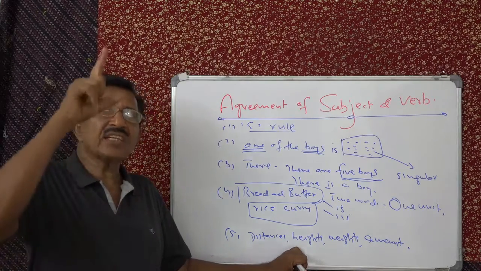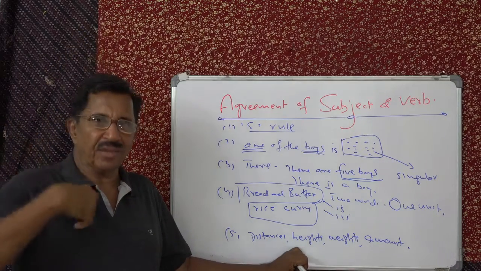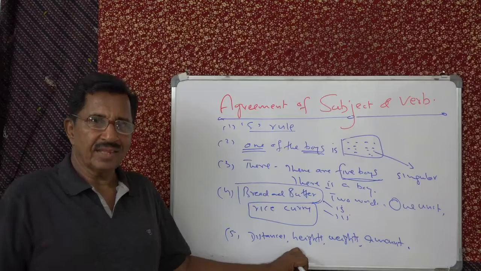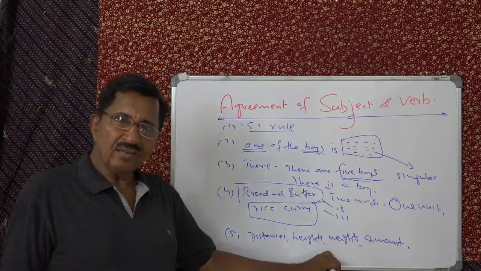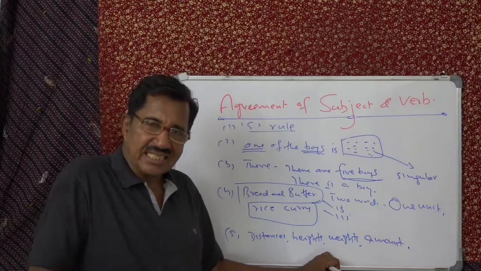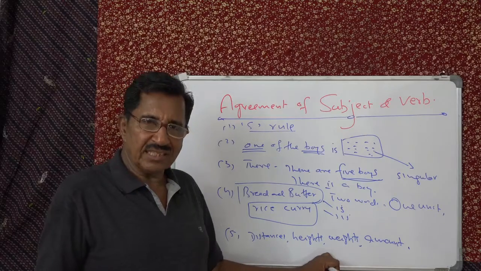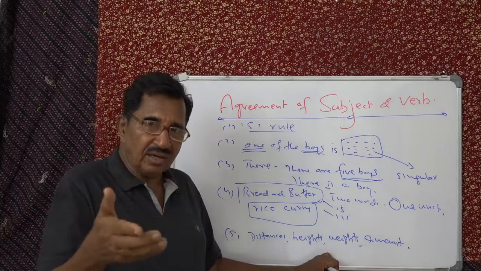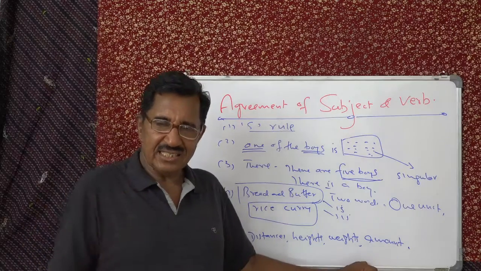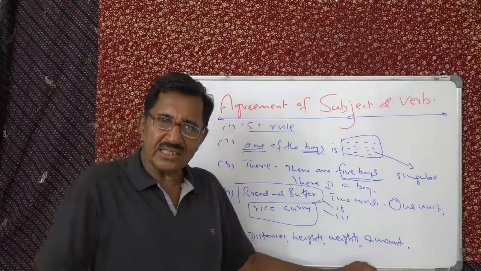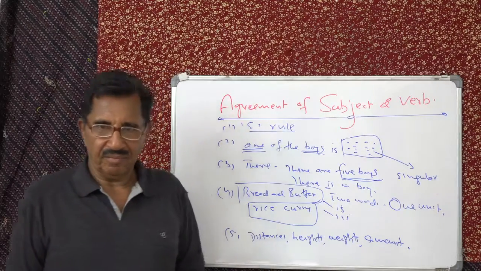Heights: 10 feet is tough for me to jump. 5 kilograms is heavy. Kilograms is a plural noun, but it is an amount. $10 is. 10 rupees is. 100 rupees is a huge amount for me.